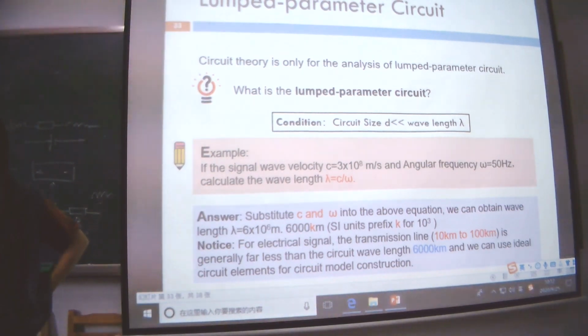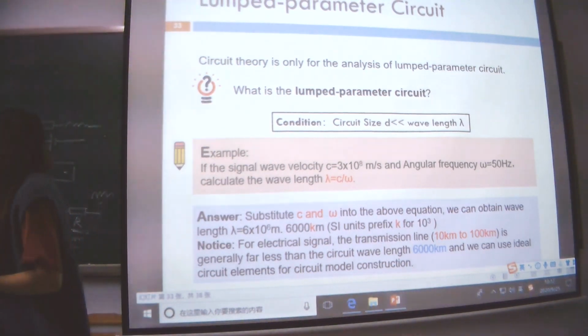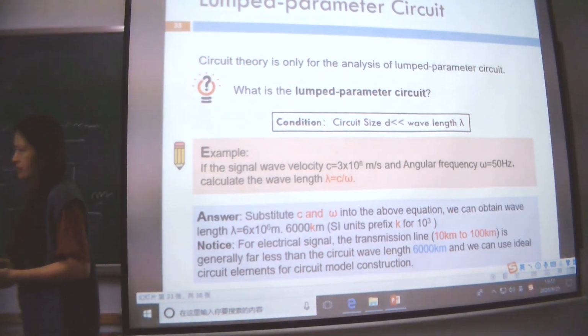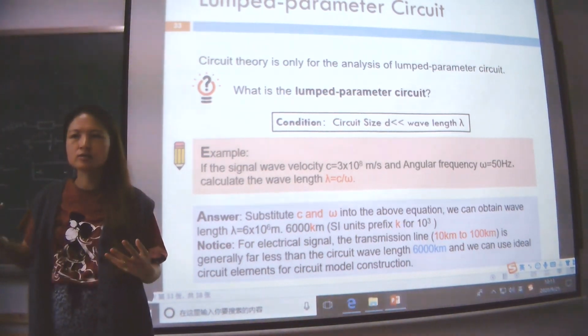So we can calculate the wavelength. If the size of our power system is smaller than it, the difference is 10 to the power of 3, so we say it's smaller.